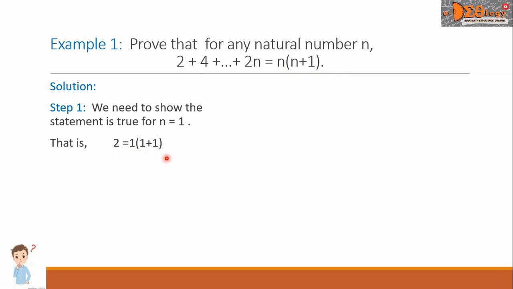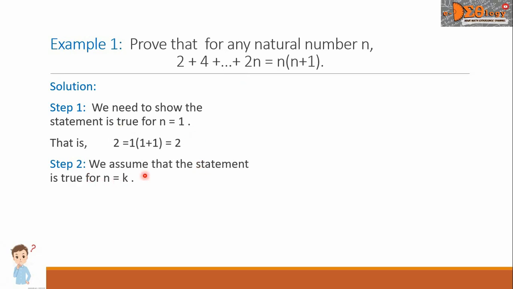When we simplify the right side, the 1 plus 1 becomes 2. 2 times 1 is 2. So we can see that the left side is 2 and the right side is 2. So the statement is true for n equals 1.